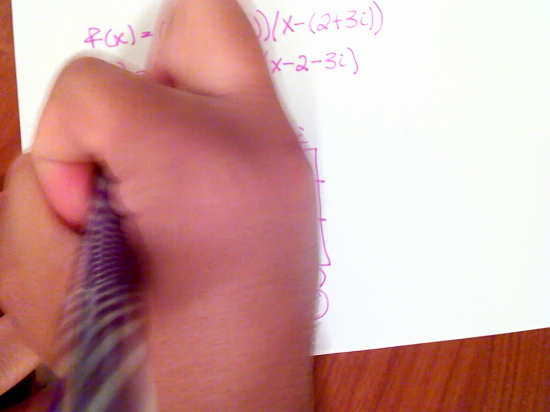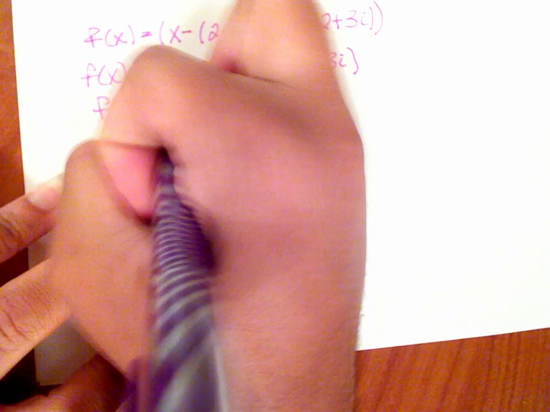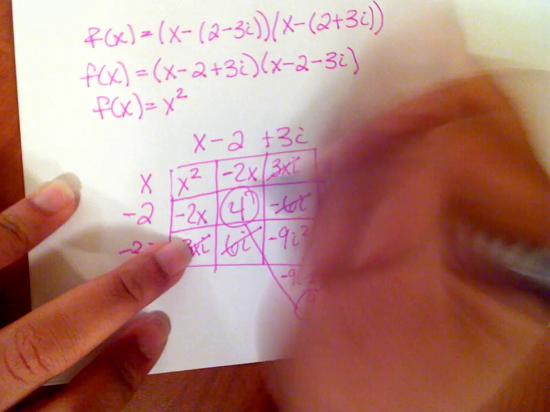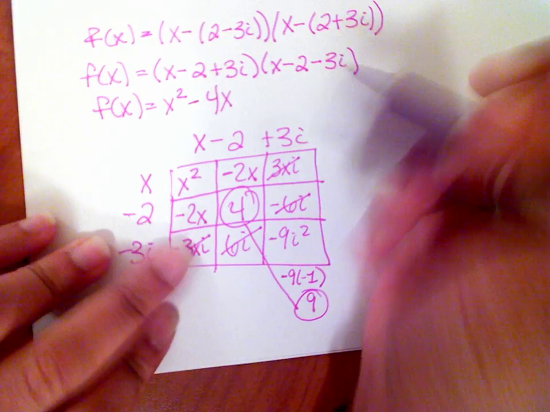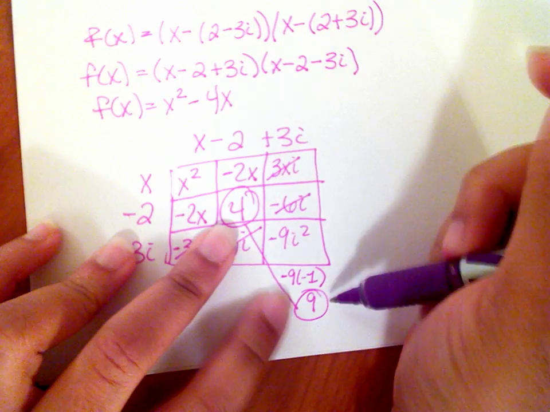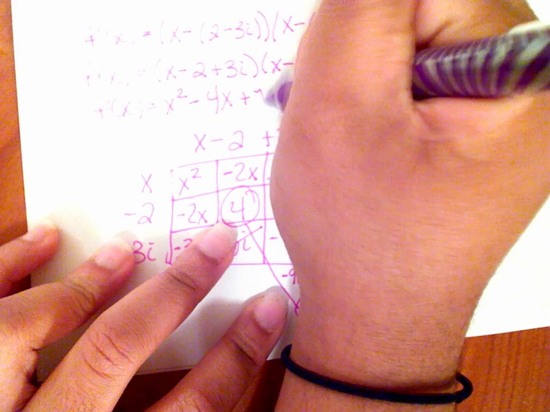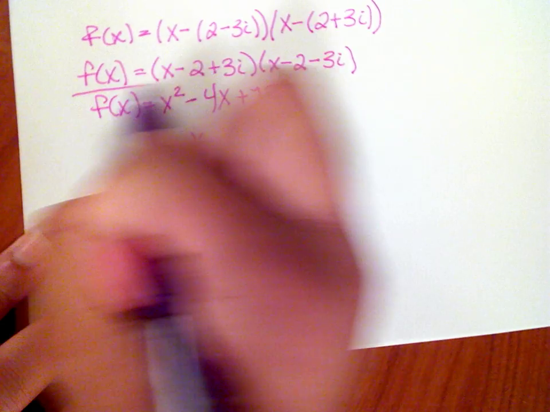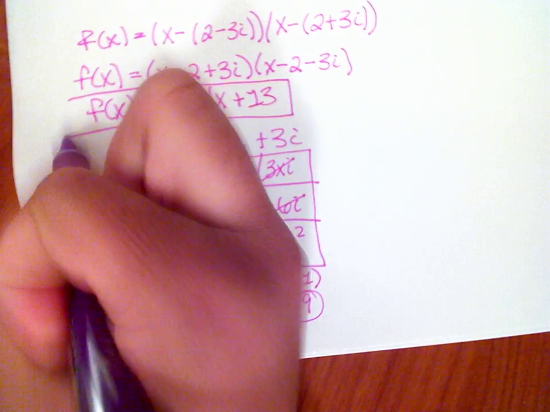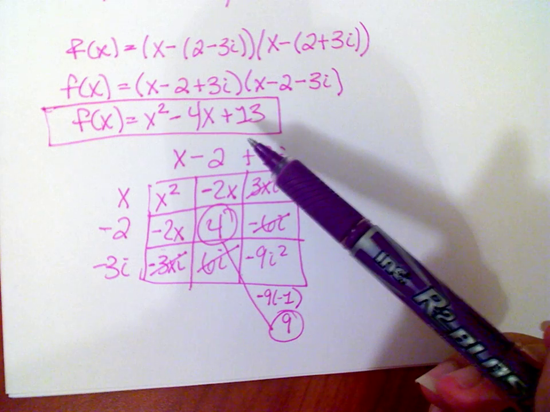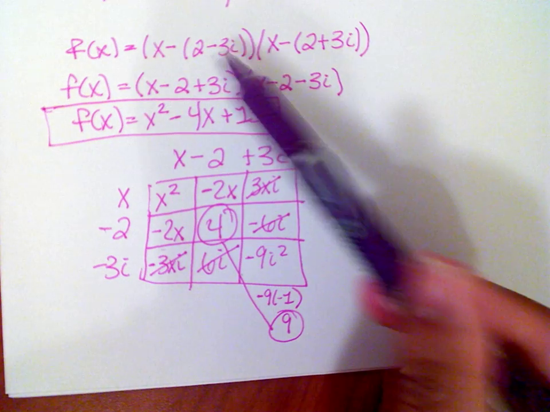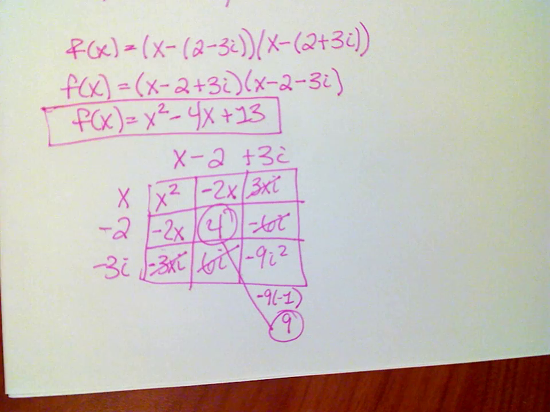Let's combine like terms. We get f of x equals x squared minus 4x, and then 4 plus 9 is 13. So we get the real answer, x squared minus 4x plus 13, as our function from those two complex roots.